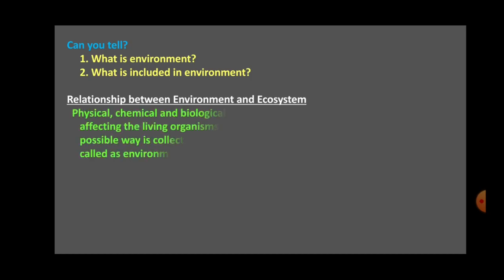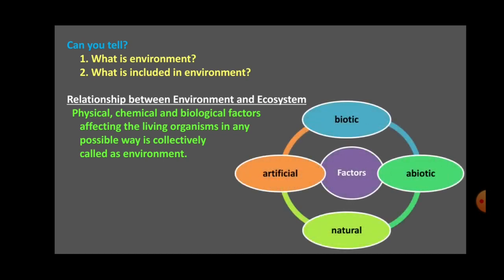Now it includes biotic, abiotic, natural and artificial factors as well. Biotic is living, abiotic is non-living, natural is already available in nature, and artificial is that which is created by humans. Clear? Okay.